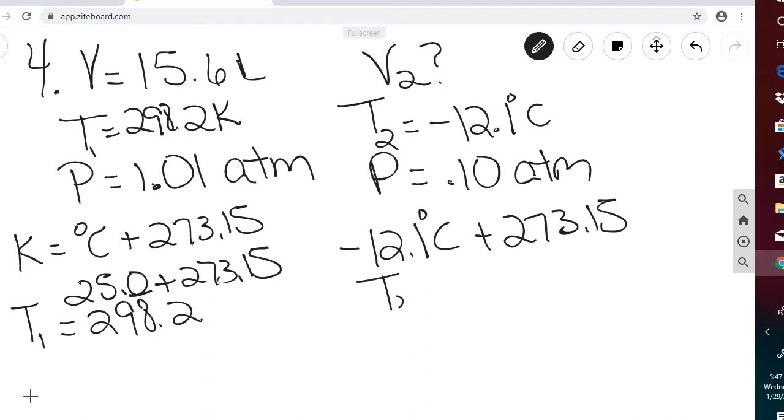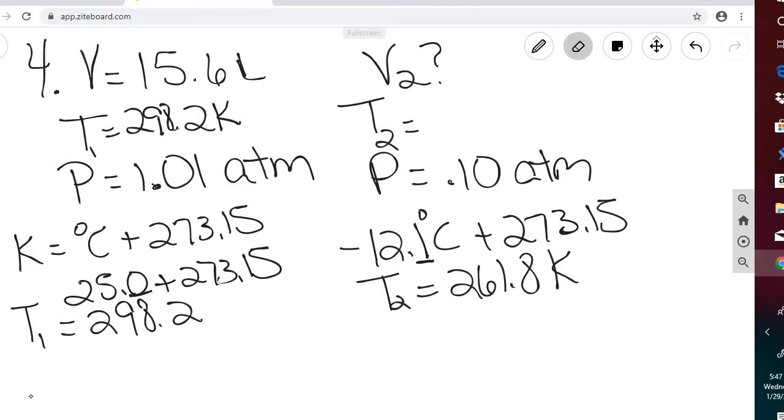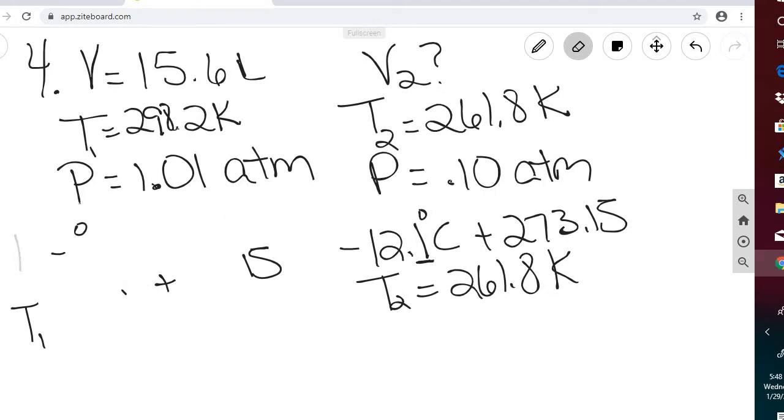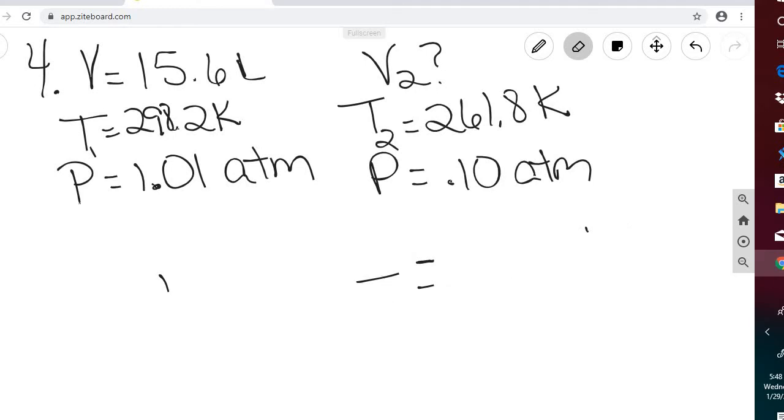So T2 is 261.1 K. Okay, and again, we're going out to the tenths place because of this. Okay, so I'm going to replace this T2 in centigrade with the Kelvin temperature, 261.1 K. Okay, so now that we have the temperature set, now we can solve for V2.